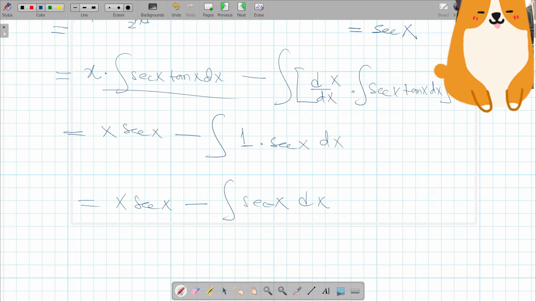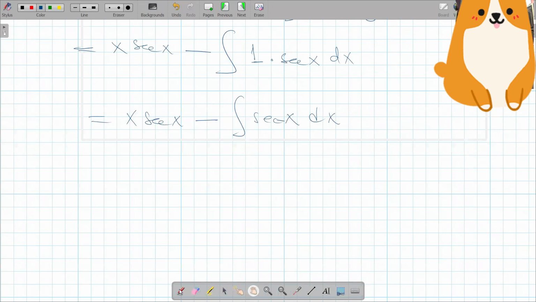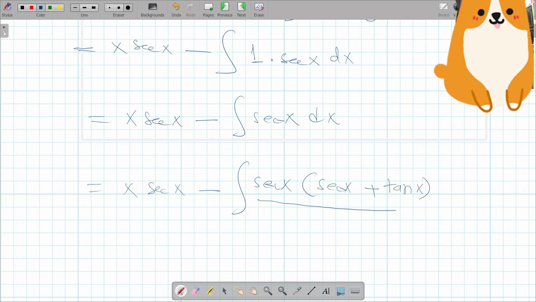Okay, let's do it. One way of integrating sec x is to multiply sec x plus tan x in the numerator as well as in the denominator. Multiply and divide by sec x plus tan x.